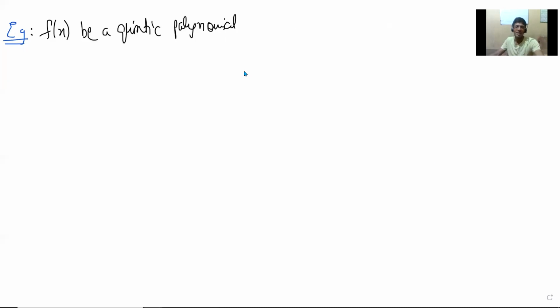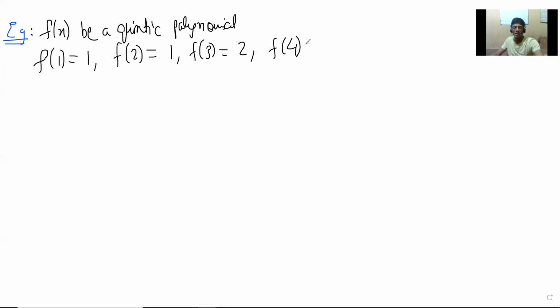Okay, so it's a quintic polynomial, and very interestingly, f of 1 is 1, f of 2 is 1, and then f of 3 is 2, f of 4 is 3. It's quintic, right? So it should go till 6.